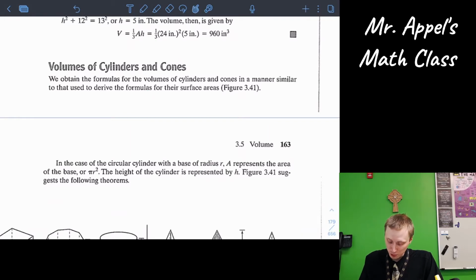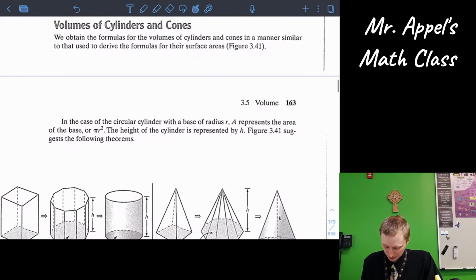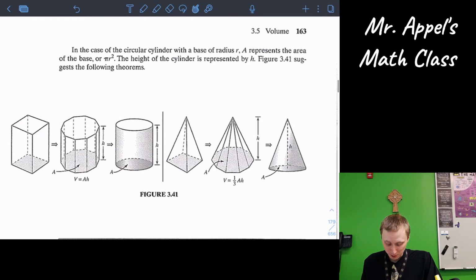In the case of the circular cylinder with a base of radius r, A represents the area of the base, which, being a circle, is pi r squared. The height of the cylinder is represented by h. Figure 341 suggests the following theorems.